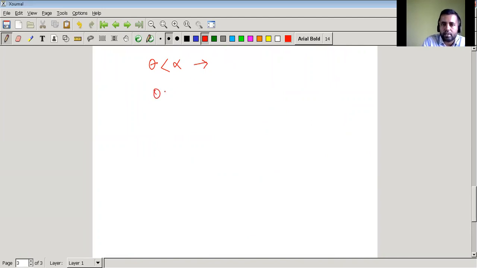If theta is equal to alpha, then it is on the verge of sliding. And if theta becomes greater than alpha, then it will slide. And this is the verge of sliding, and this is just equilibrium or at rest.